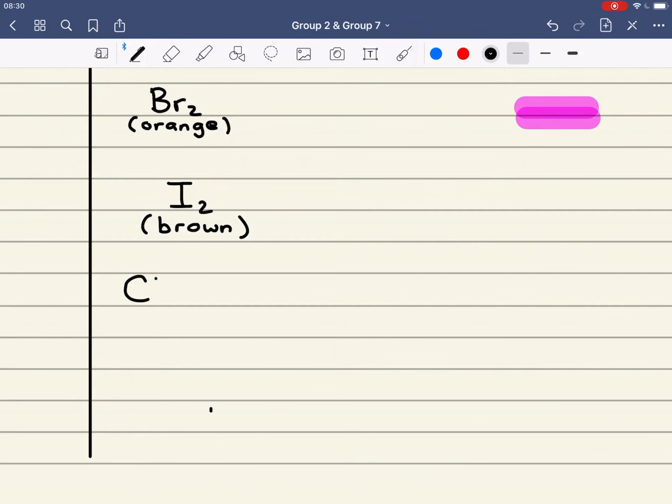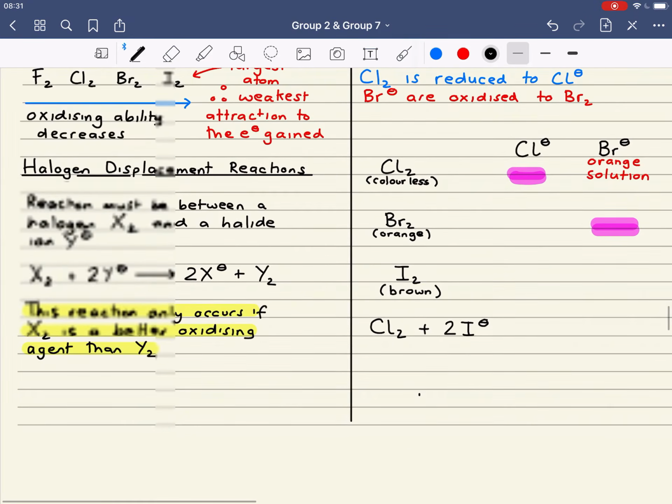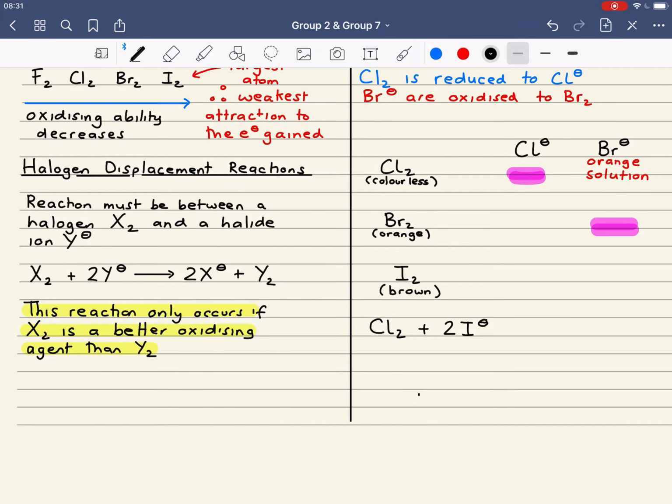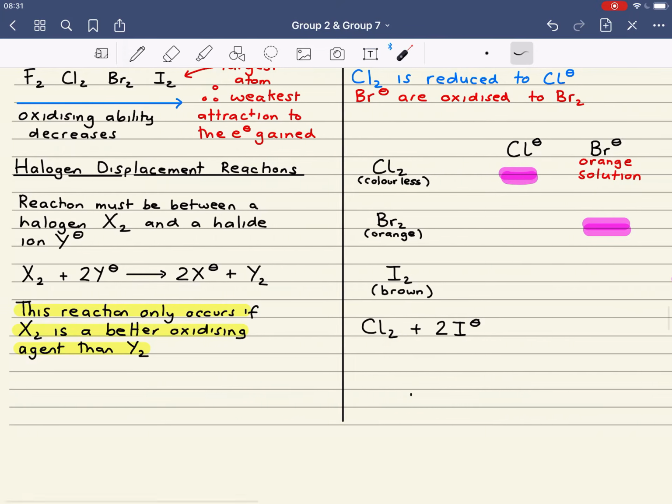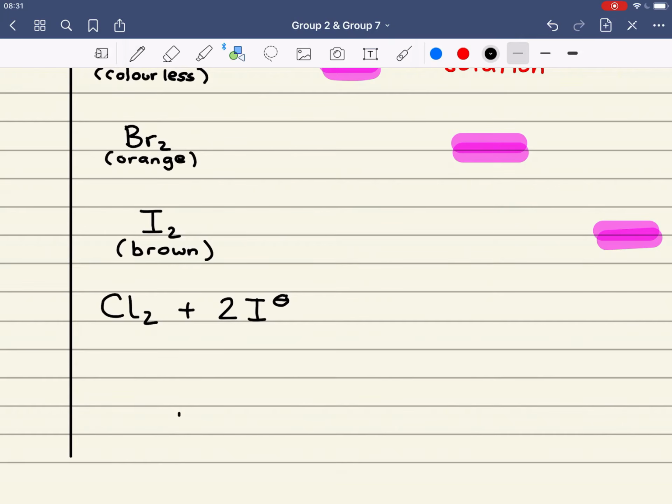We've got Cl2 plus 2I minus. Can we predict will this reaction occur according to my statement highlighted? Well, chlorine here, Cl2, is a better oxidizing agent than iodine, so the chlorine will take the electrons off the iodide and give us the following.